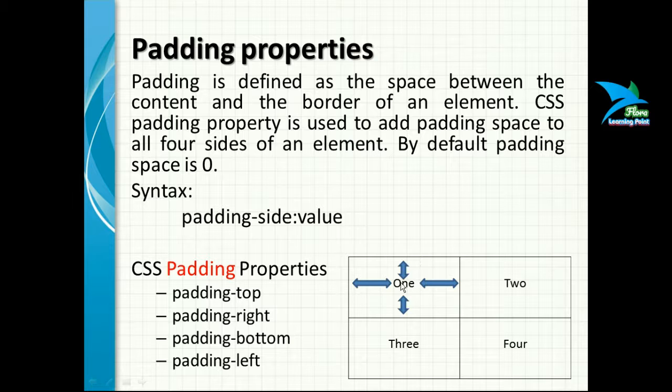This one is the top padding, the gap between the border of the cell and the content. This one is the right padding, the space between the content and the right edge of the cell. Then this one is the bottom padding, the space between content and the bottom edge of the cell. Then the same for the left padding. So we have four padding properties: padding-top, padding-right, padding-bottom, and padding-left.